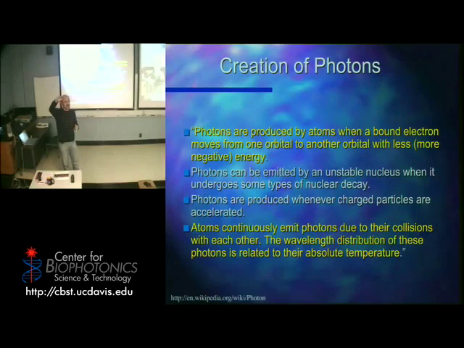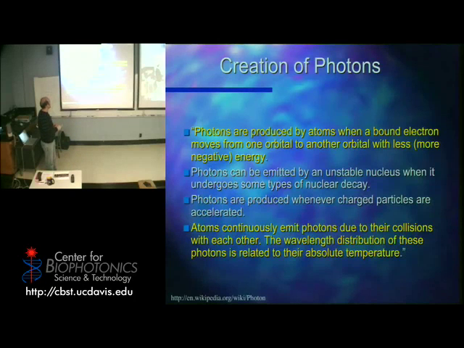When they move from one energy level to another, if they move up in energy, they become more excited. When they get back down to their base energy state, they release a photon. Whenever there's a transition from a higher energy level to a lower energy level, there's a release of a photon. And that photon we care a lot about. We do a lot with those photons.